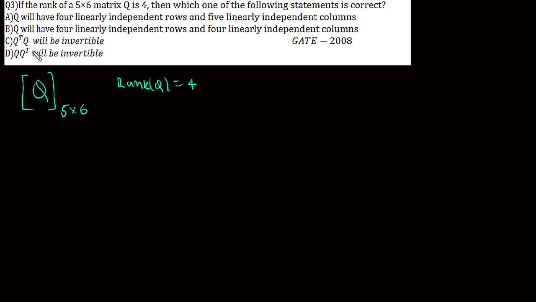Okay, so we have 4 statements. Let's check option A. Option A says Q will have 4 linearly independent rows. Yes, it is correct, because the rank is nothing but the number of linearly independent rows or the number of linearly independent columns. Here LI means linearly independent.